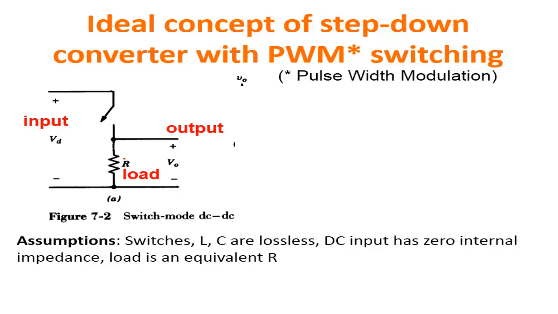This R symbolizes the load, and in general it's the system to which you want to provide a power supply. The simple thing that you can do is to move this switch in such a way that when you turn the switch on, you provide VD at the output. When you put the switch off, you provide 0.